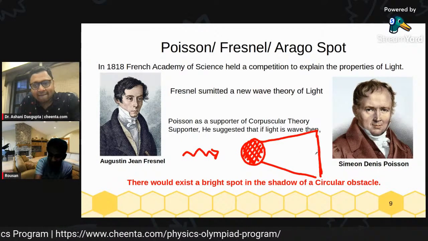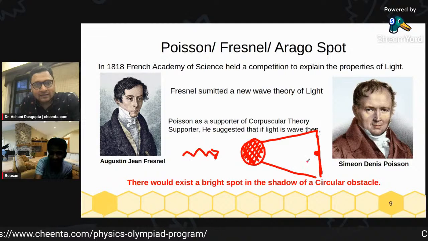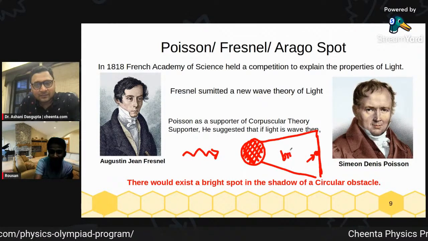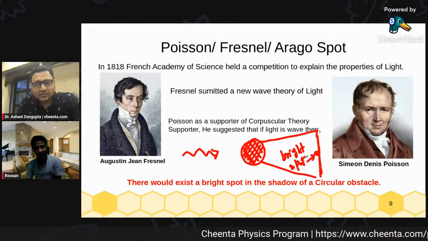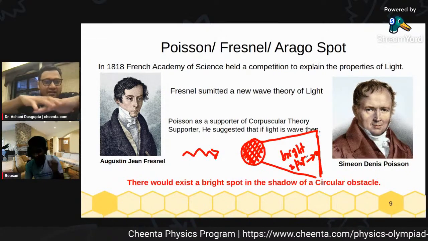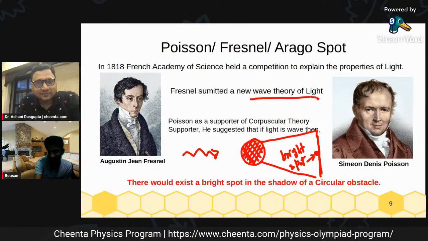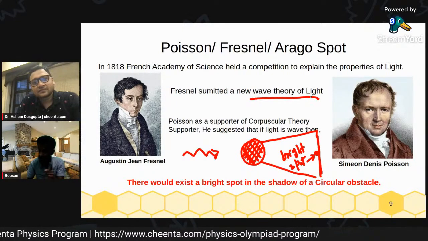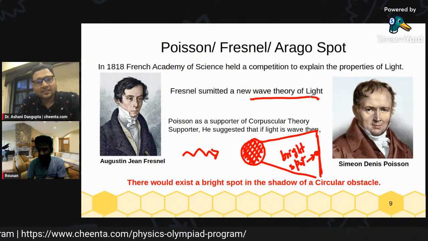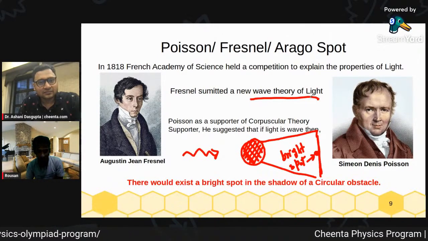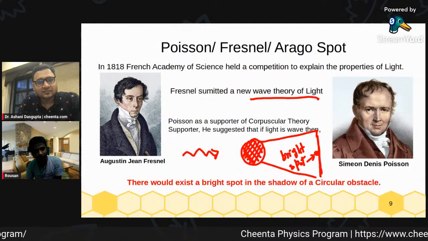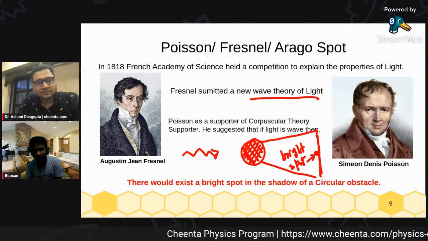In between this region, like here, there should be a bright spot. Because of this, he showed that if light is a wave, this should be the case. It was a complete breakdown of Fresnel. We do not see that type of bright spot.